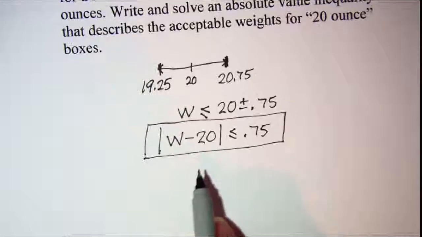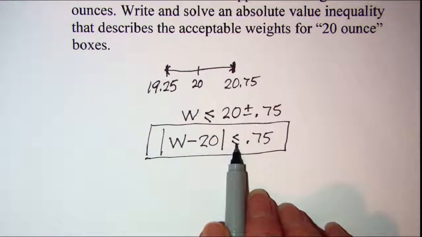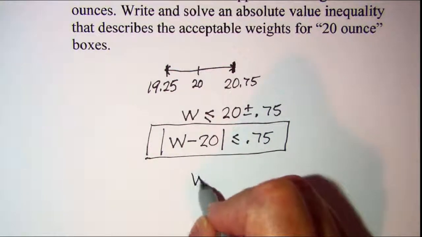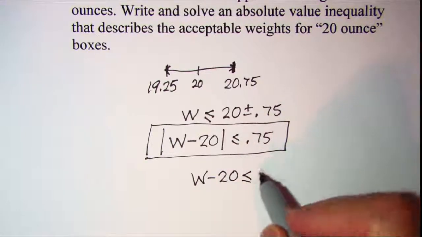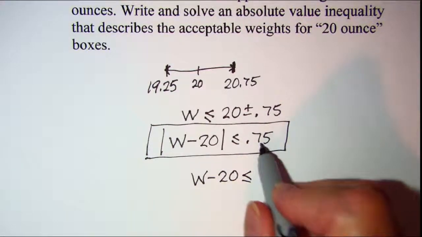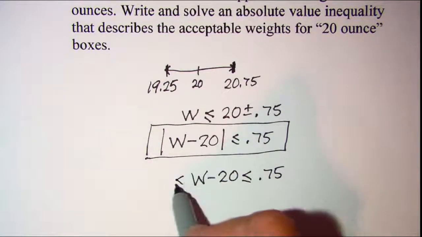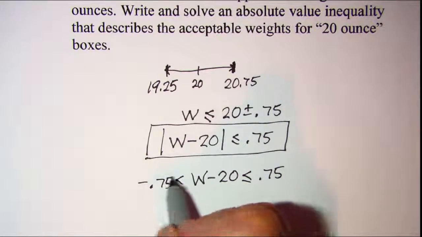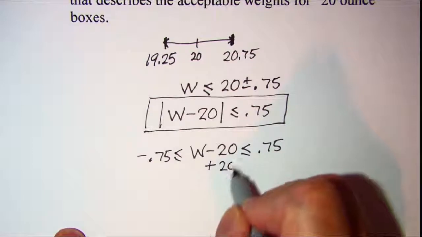And if we solve that, remember that when it's less than or equal to, we're writing a three-part inequality. So we have w minus 20. On the right side, we have the positive 0.75. And on the left side, we have the negative 0.75. And so to solve this, we would add 20 to all three parts.